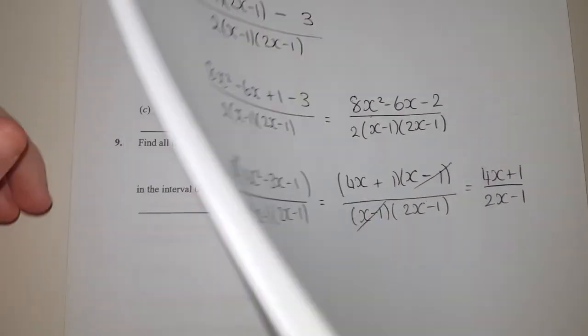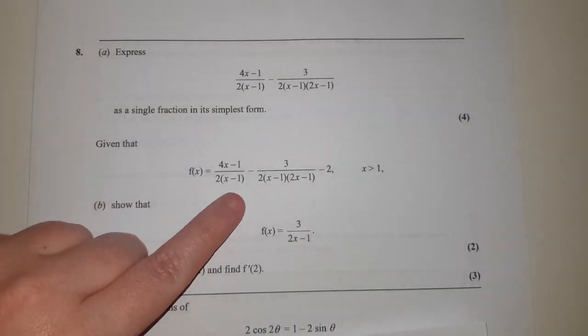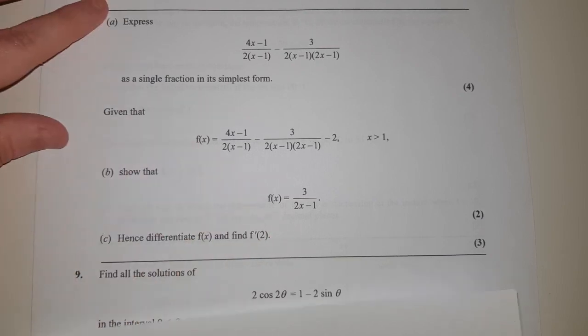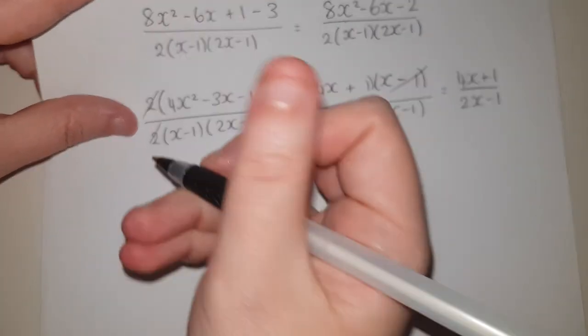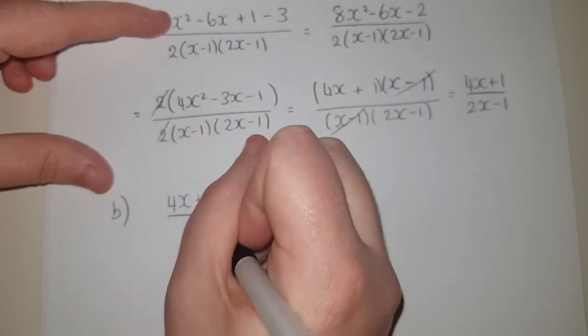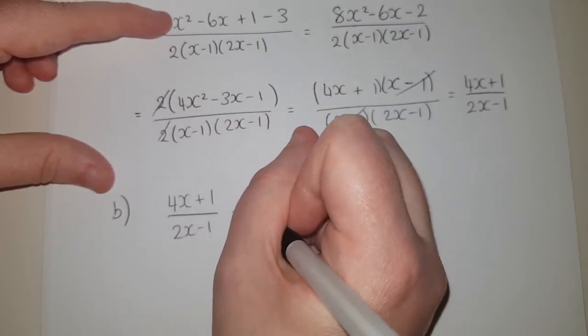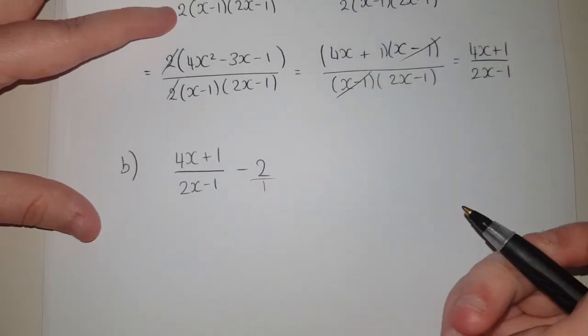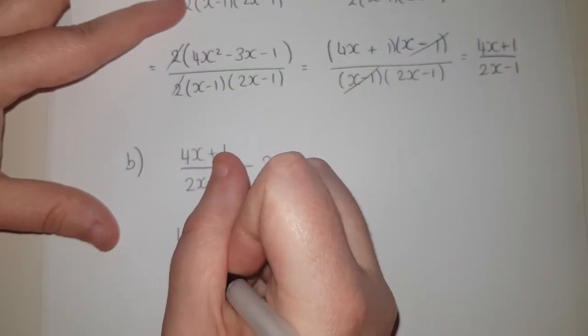Right, next part is we're going to take the exact same equation, but we're going to put -2 at the end, and we want to show that it can be written like this. So I'm going to take the answer that I got from part A and put -2 after it. Think of this as 2 over 1, and then all you're going to do is give both of them the same denominator.